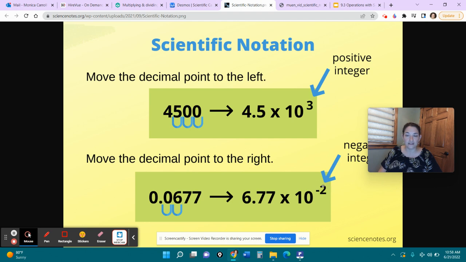Okay, so that's where we're getting the number two over here from. All right, Micah. Micah, why is the decimal point between the 6 and the 7? Right, because we need to make a number between 0 and 10. 6.77 is where you'd need to put it, right? And Brianna, why is it a negative 2 for our exponent?